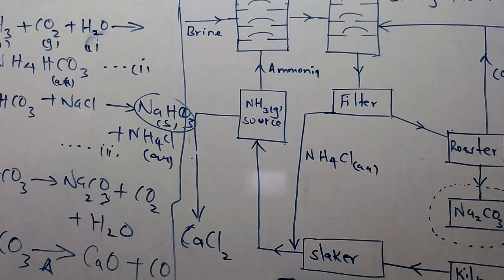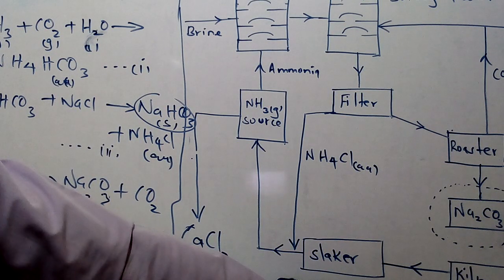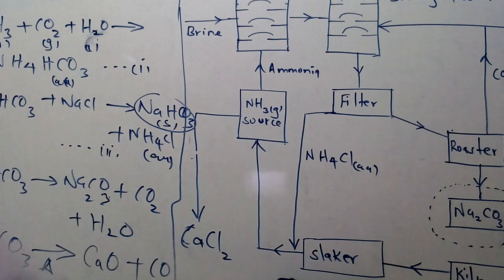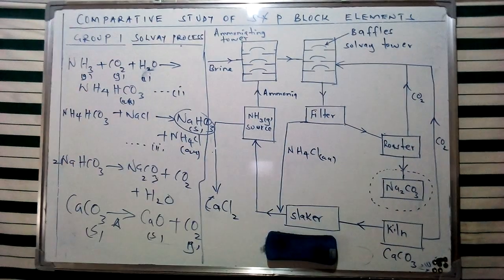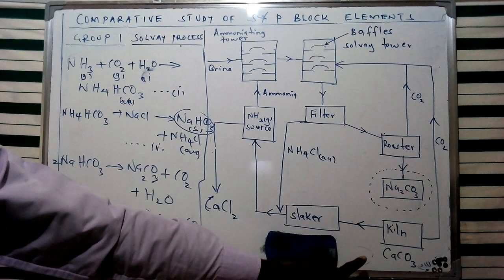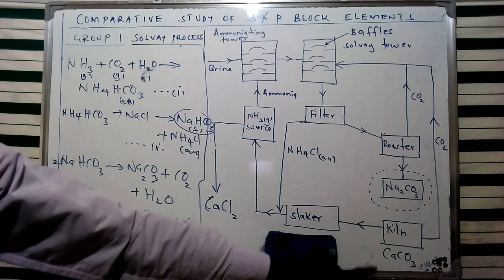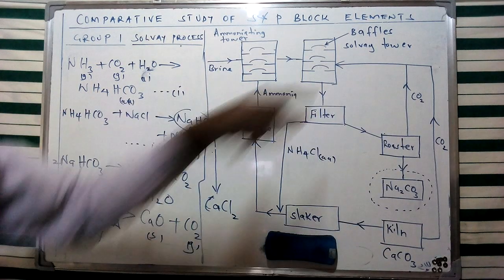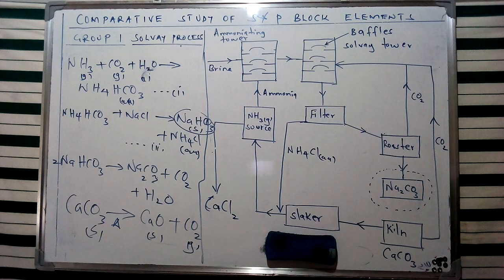And this gas is going to be used in the process, as in this illustration from the scheme, where carbon dioxide is obtained through roasting and taken to the solvay tower.